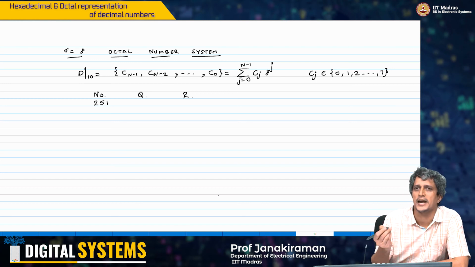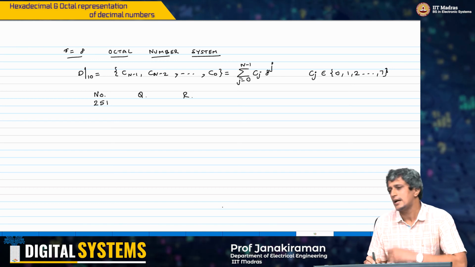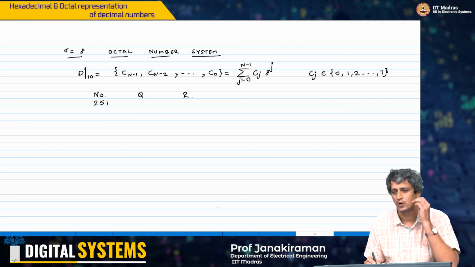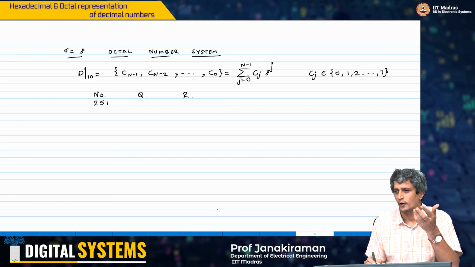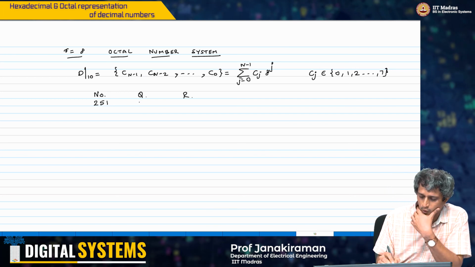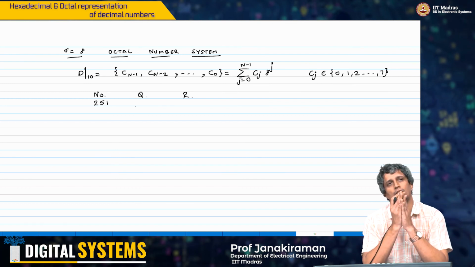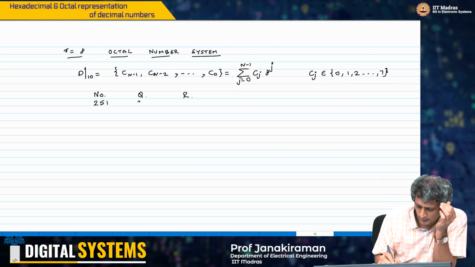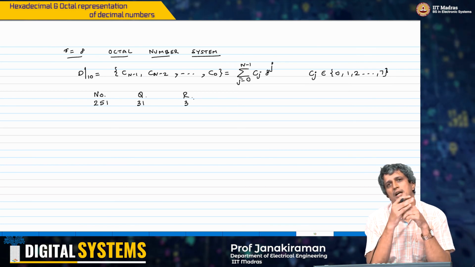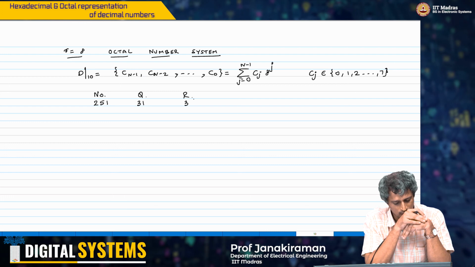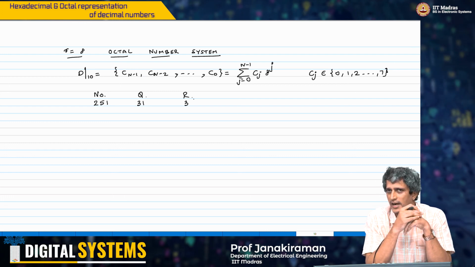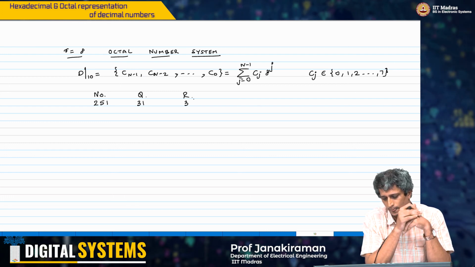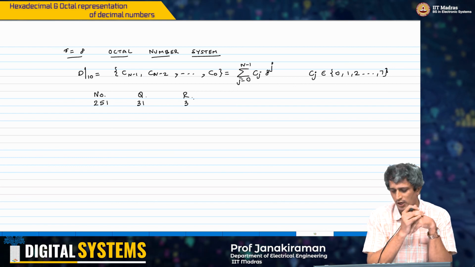So I divide by 8. 30 times 8 is 240, and 31 times 8 is 248, so I get a quotient of 31 and the remainder is 3.